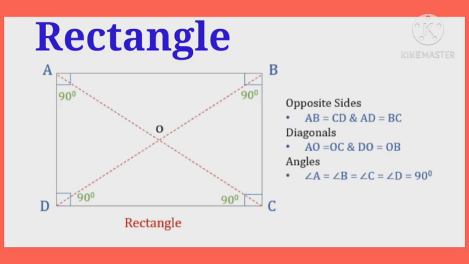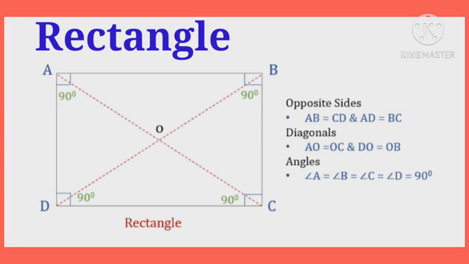First one is the rectangle. See here, this is a figure of a rectangle, and you are familiar with it. A rectangle is made up of 4 points. All four angles of a rectangle are 90 degrees, and opposite sides of a rectangle are congruent. That means length is congruent to length and breadth to breadth.